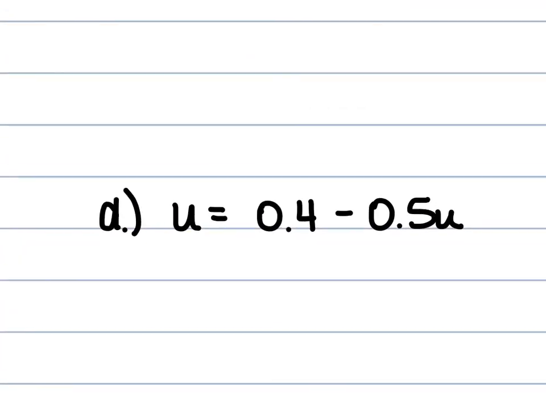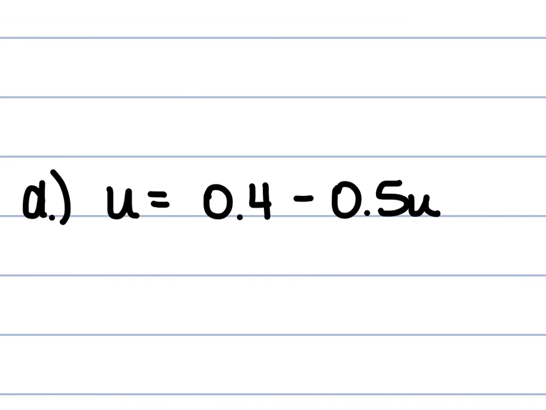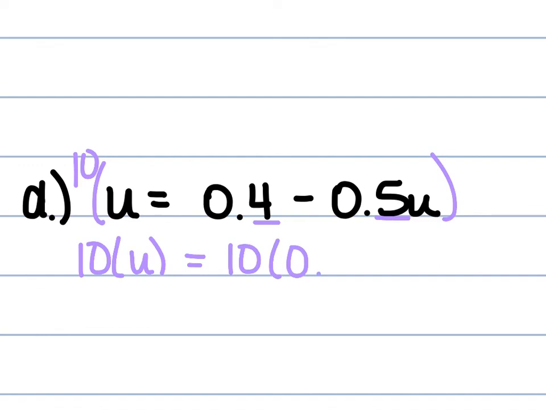And lastly, with D, we have u is equal to 0.4 minus 0.5u. So we're going to multiply the entire thing by 10. We have one decimal place with these. So 10 times u is equal to 10 times 0.4 plus 10 times negative 0.5u.